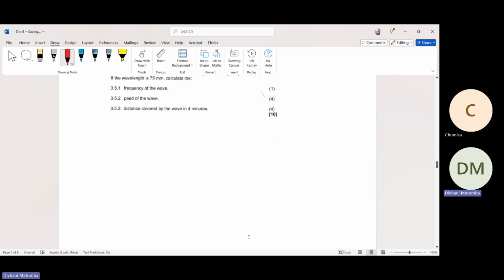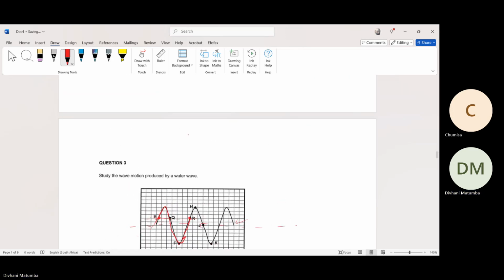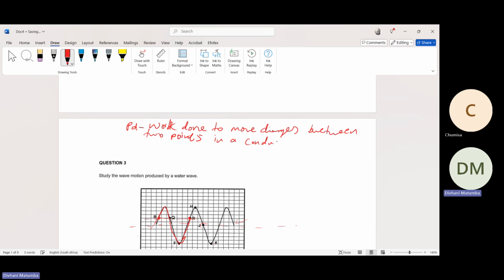Now the potential difference is the work done to move charges between 2 points in a conductor.